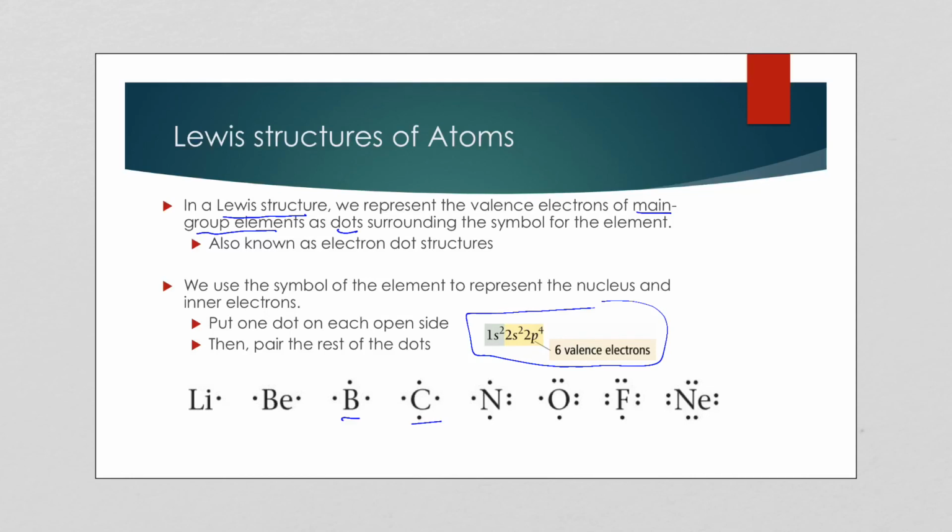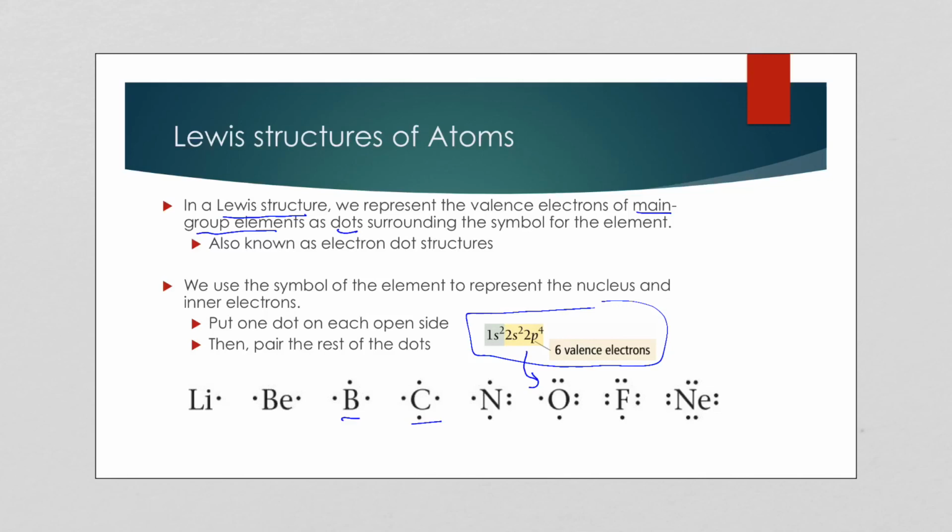We could pick out the 6 valence electrons, and this Lewis structure is really a pictorial view of that, where we have an oxygen showing 6 valence electrons around it, where we end up with 2 pairs and 2 single electrons. And we just keep going.